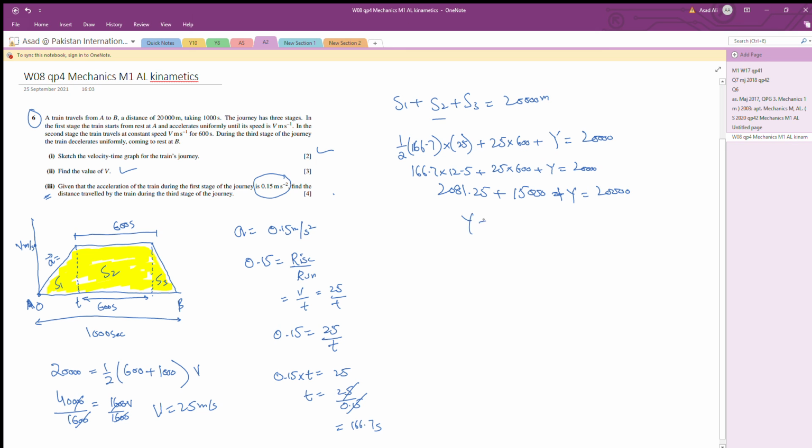So y is 20,000 minus 15,000 minus 2081.25, which is 2918.75 meters, the distance traveled in the third stage.